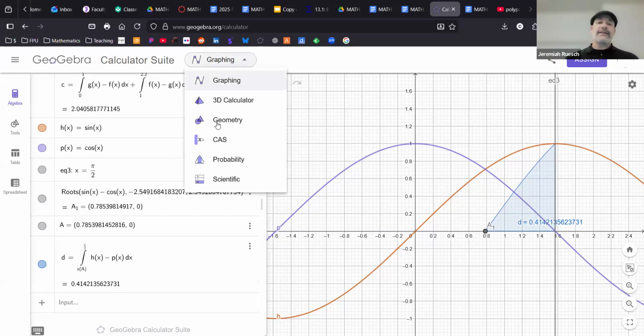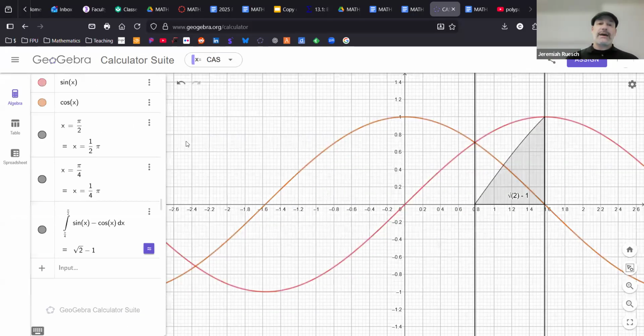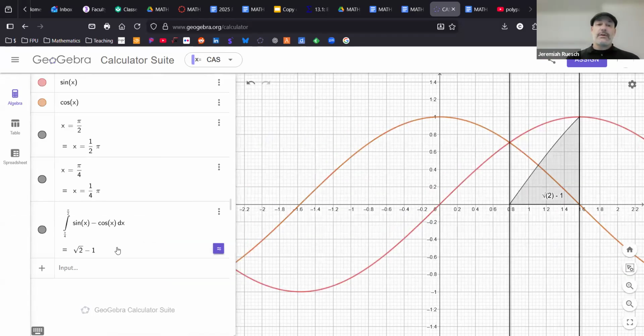So if you want to know if there's an exact value, try doing the integration under the Computer Algebra System, the CAS output. If there is a nice closed form that GeoGebra can handle, it will output it. By closed form, I mean something like the square root of 2 minus 1 instead of 0.4142.